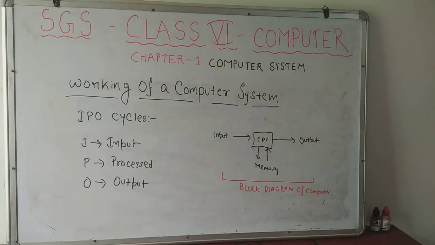The 0-1 formation of numbers is called binary number system, and it is the machine language of computer. That means computer can understand only binary language. So whatever information we provide, first it will be converted into binary form, then the computer processes the information.